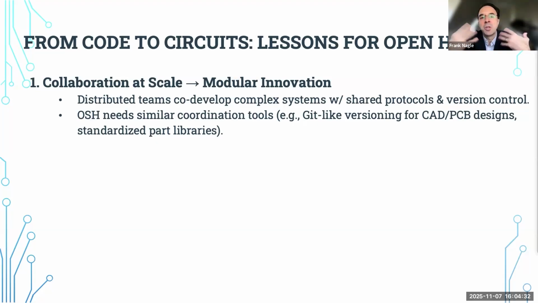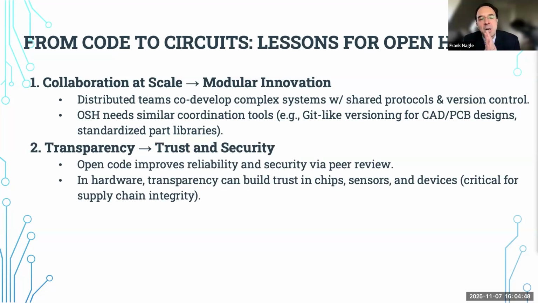But thinking about not only coordination, like there is for Git, for version control within the open source software community, but also thinking about standardized libraries and tools and things like that, that can allow for more collaborative behavior in the hardware space as well. Right? And second is thinking about transparency and the trust and security that comes from this.